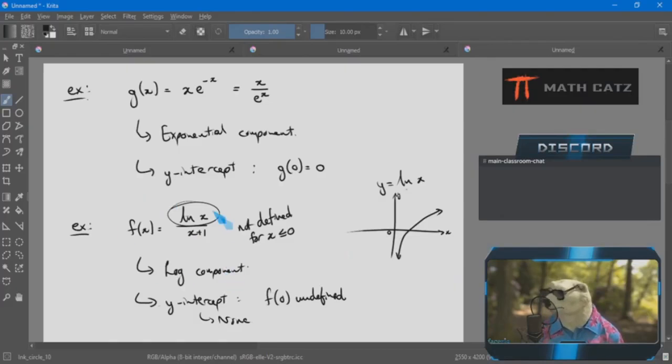Now I'm aware, moving forward, if this was the start of a bigger question, oh, this log component is always going to be this issue of being undefined. Negative x values will never be something I have a graph for. It'll never be something I'm interested in. And I need to remember that, especially with this guy, as I go into a derivative, because its derivative doesn't have a log.